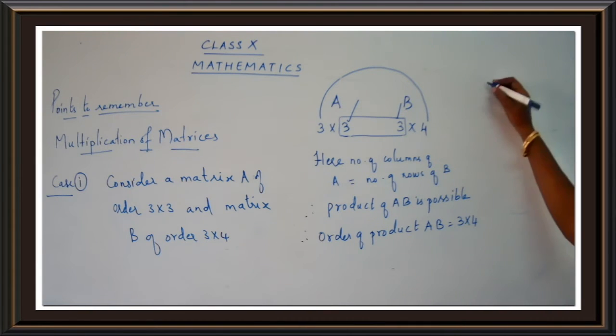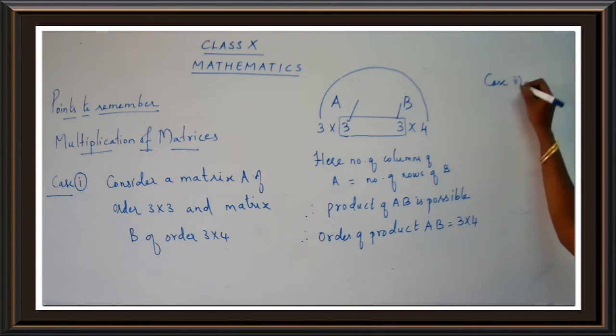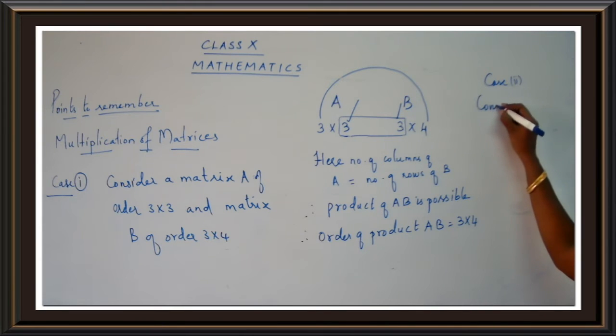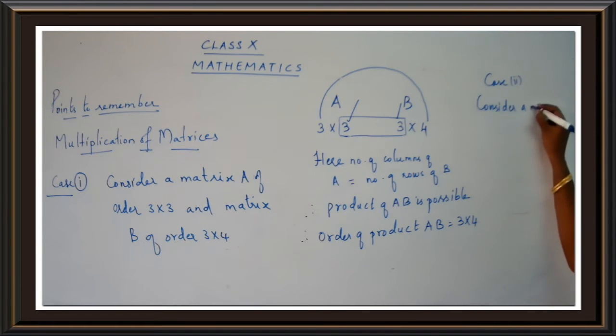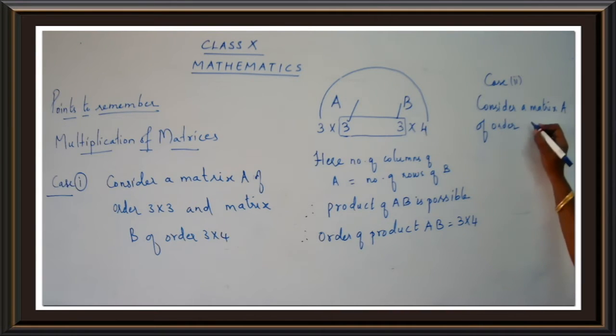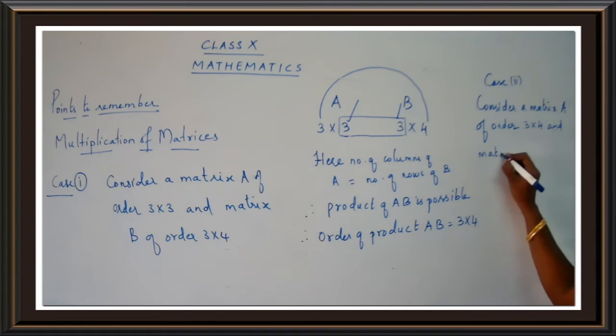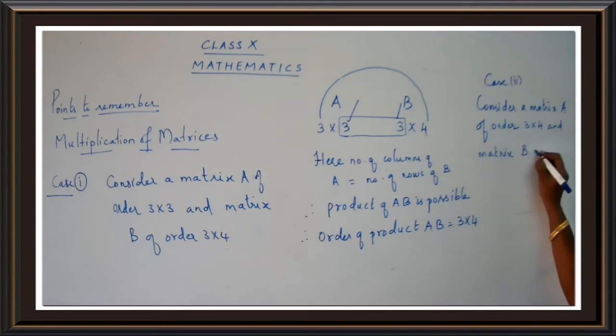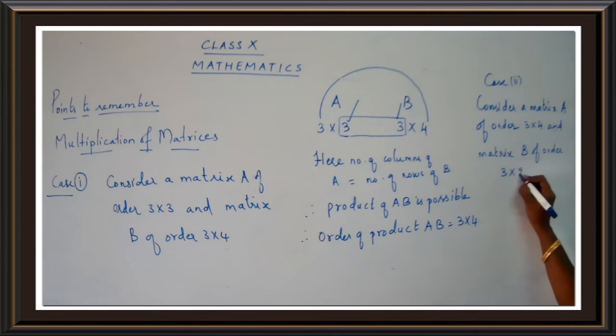Okay, now let's go for case 2. Write down case 2. Consider a matrix. Same, I just changed the matrix order. Consider a matrix A of order 3 cross 4 and matrix B of order 3 cross 2.